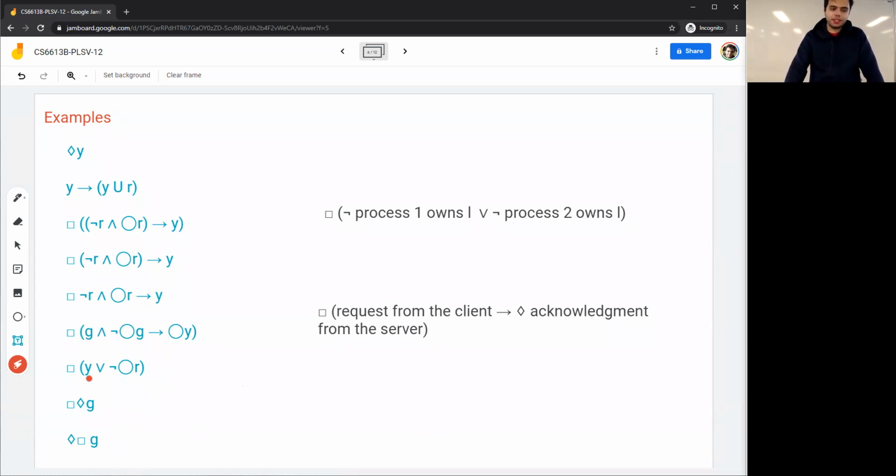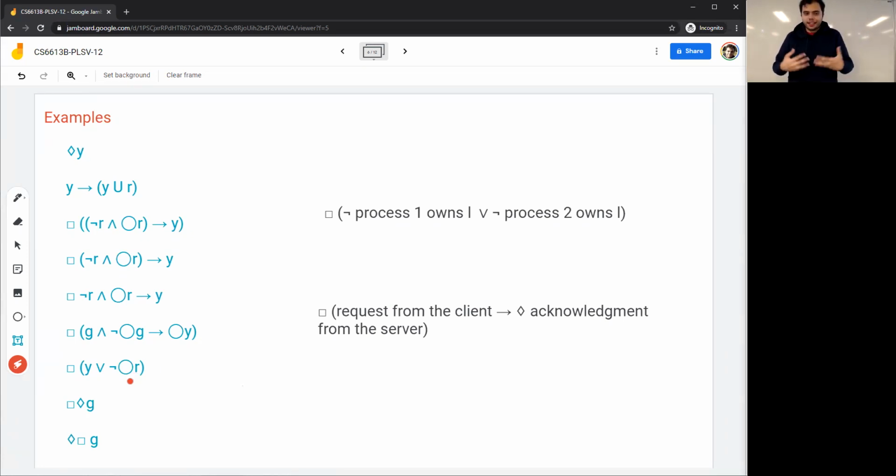So eventually yellow or not next red. What does this mean? Sorry, always yellow or not next red.